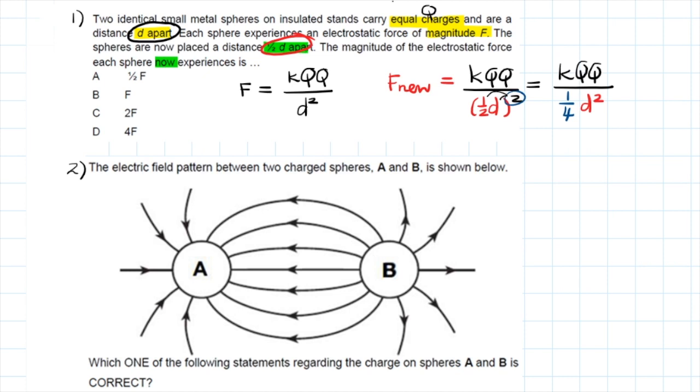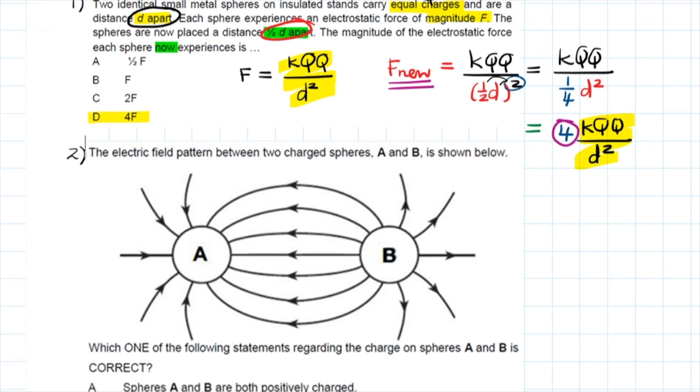If we use our mathematical rules for fractions, we end up with 4k Q multiplied by Q divided by d squared. So in the end, the new force is 4 times the size of the original force. And we can therefore conclude that the correct answer to question number 1 is D, 4F.